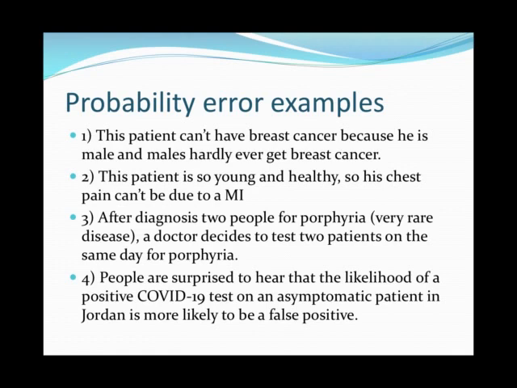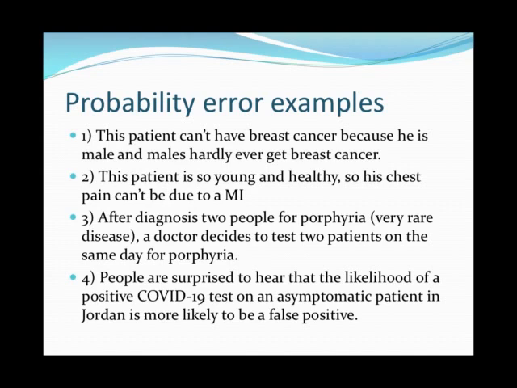Last one. People are surprised to hear that the likelihood of a positive COVID-19 test, and I'm talking about right now, where there is almost no community transmission of COVID in Jordan, on an asymptomatic individual in Jordan is more likely to be a false positive.